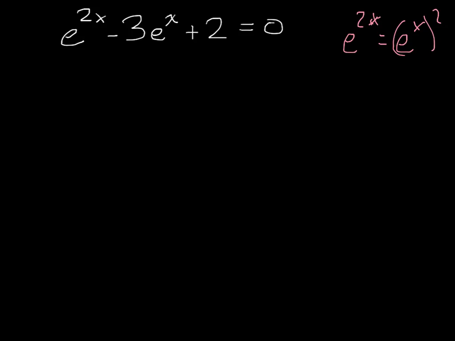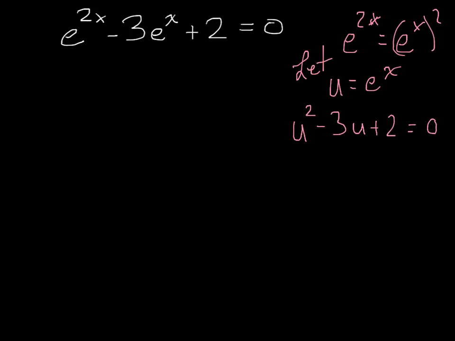So I'm going to use a trick called u substitution. Let u equal e to the x. Now let's rewrite our equation. In that case, I'm going to have u squared, because e to the x squared is e to the 2x, minus 3u plus 2 equals 0.